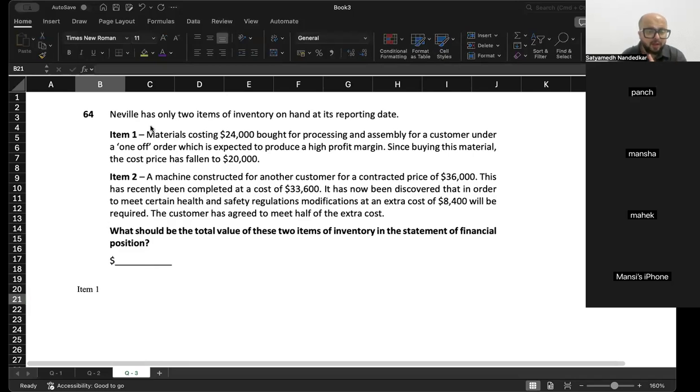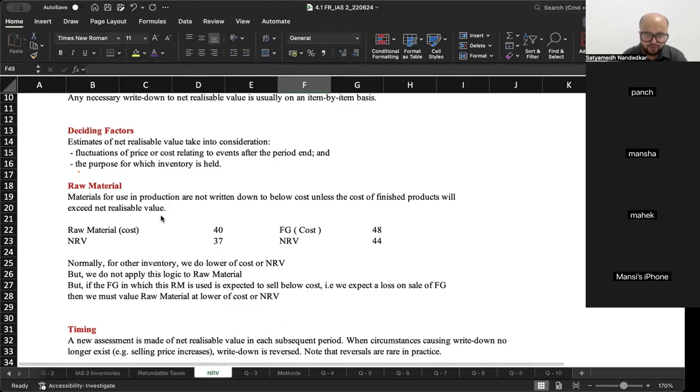Now, item 1, in my opinion, is a tricky area. Why am I saying that? Let me take you to the discussion. If you have watched the recording carefully, you will remember that the rule for raw material was slightly different. Material for use in production is not written down below cost unless the cost of finished products will exceed net realizable value.